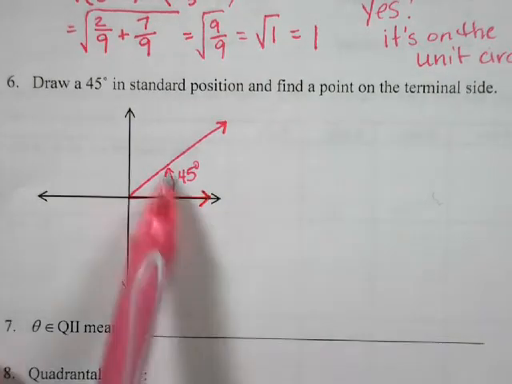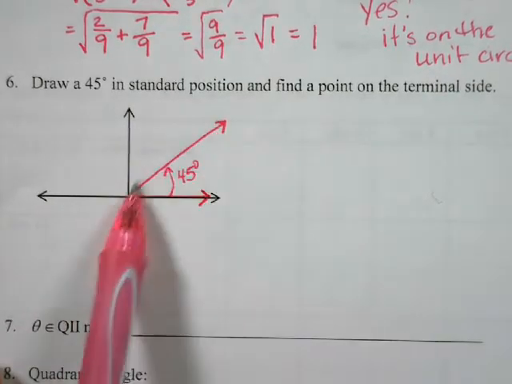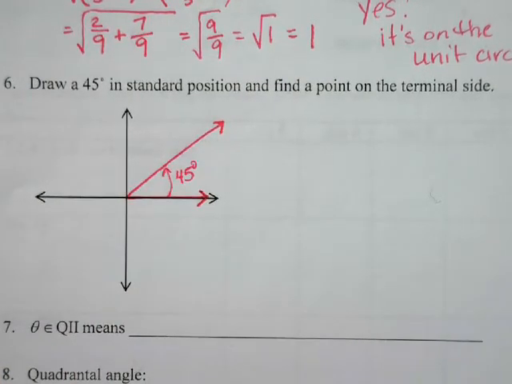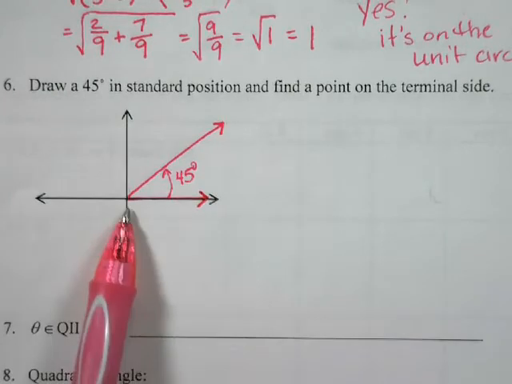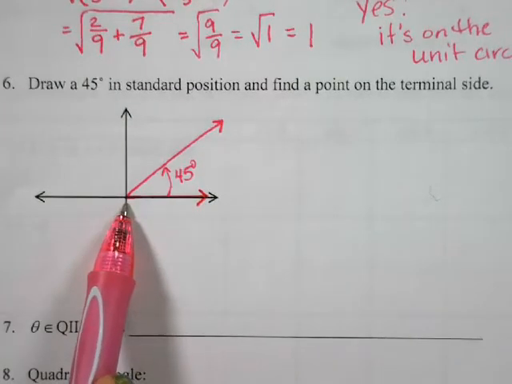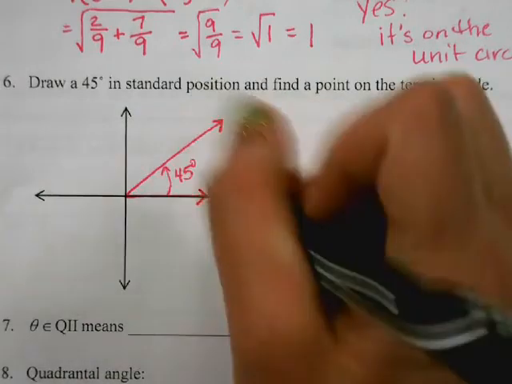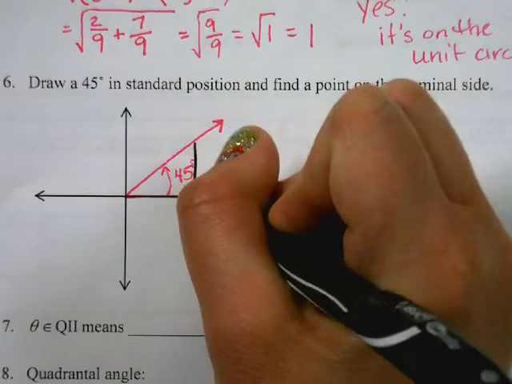The terminal side is where we ended up. So find a point on the terminal side of that. 0, 0 would be the vertex. How about drawing a triangle?